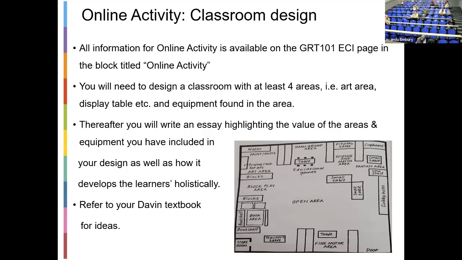For example, one of my areas, I want to make an art area, and so there I say shelves, an easel, a drying rack, for example. Or if space is an issue, you can mention the equipment in your write-up in the second section of your activity.